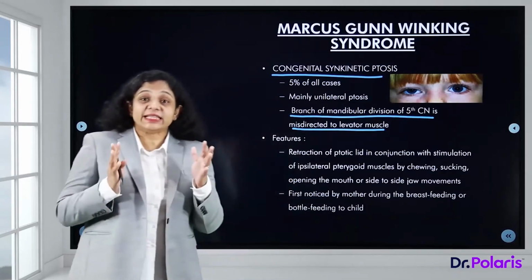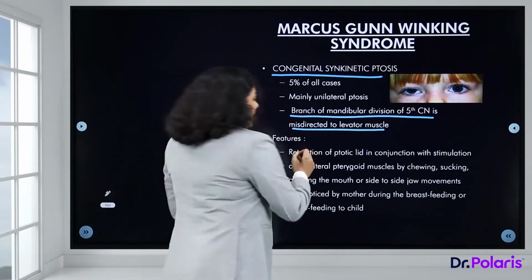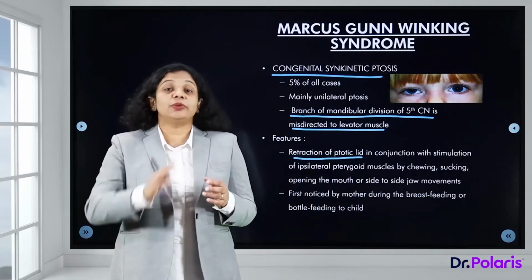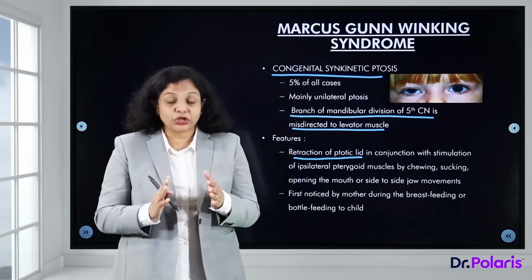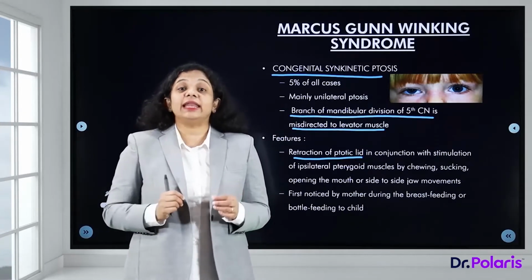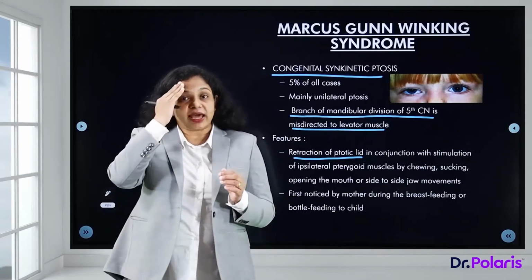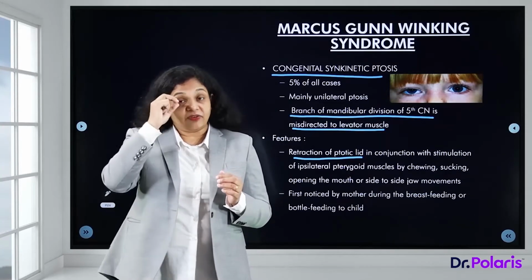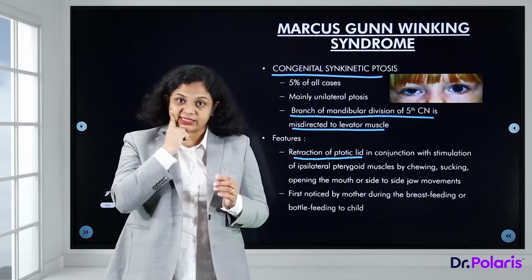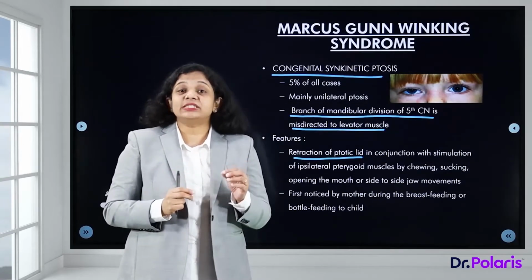What happens in these conditions is there will be a retraction of your ptotic lid, which will be seen in conjunction with a stimulation of the ipsilateral pterygoid muscle. So if your right eyelid is ptotic, it will start retracting when the ipsilateral pterygoid muscle is stimulated. When is it stimulated?